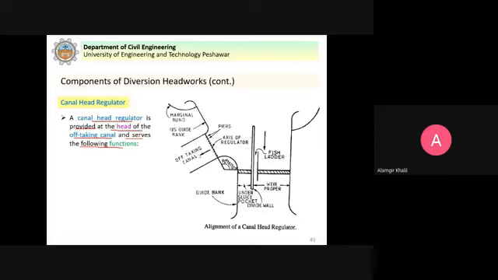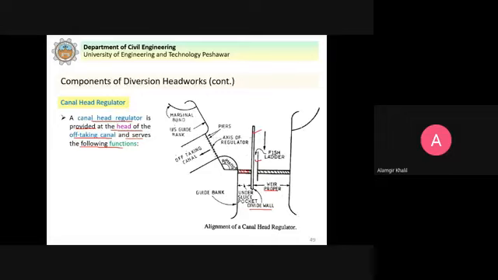You can see here that we have the off-taking canal. We have the weir proper, then the fish ladder here, and this is the divide wall. We have the under sluice portion here that we discussed. And we have the canal head regulator.